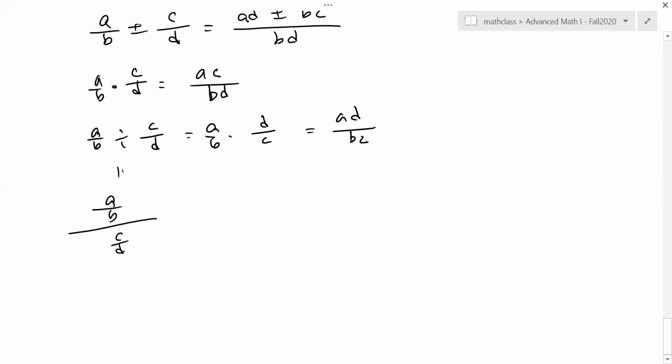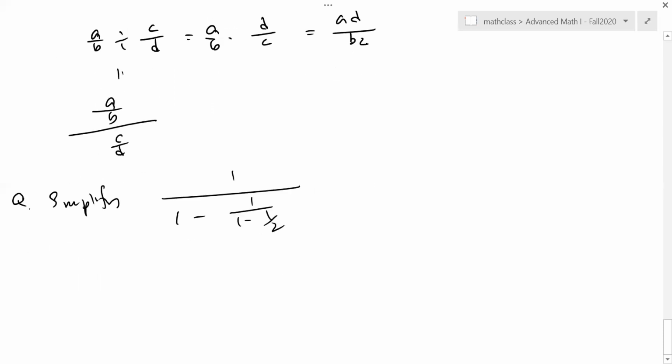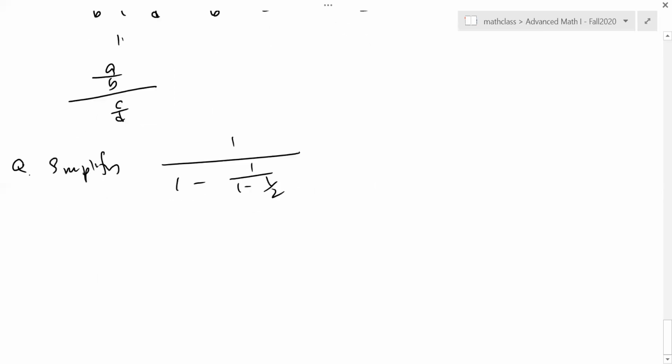All right. So let's take a look at the following problem, then I'll ask you to do this another way. So simplify 1 over 1 minus 1 over 1 minus 1 over 2. Now, step by step, right? 1 minus 1 half is 1 half, but then 1 divided by 1 half, that's going to be 2.